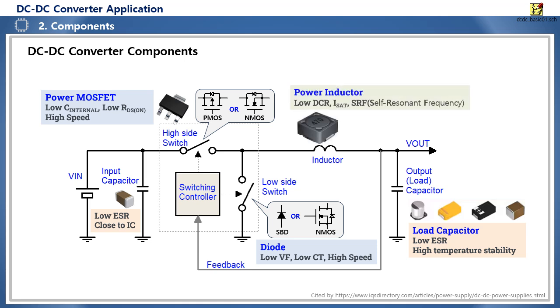The inductor for DC-DC must be for power use and is determined by the switching frequency, load current, and input-output voltage difference. If possible, it is recommended to use a type with low DC resistance, i.e. DCR. As the inductance increases, the DCR of the inductor increases, which increases the loss and may lower the efficiency.